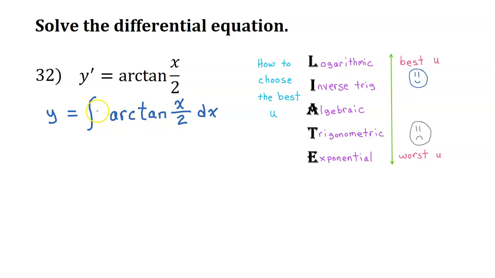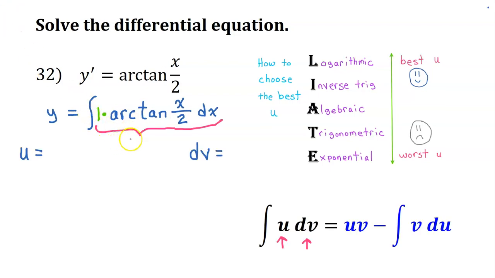We can look at this as 1 times arctangent x over 2 dx, which will allow us to do integration by parts. The first step is to decide which part of this expression will be u and which part will be dv. To choose the best u, we use the acronym LIATE, which ranks the various types of expressions in order from the best u to the worst u.